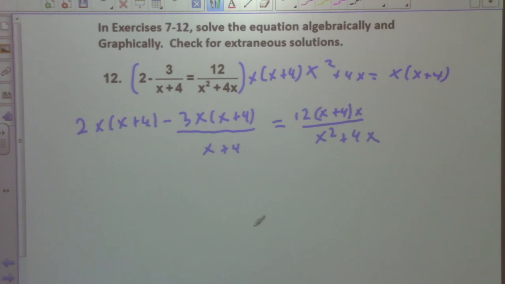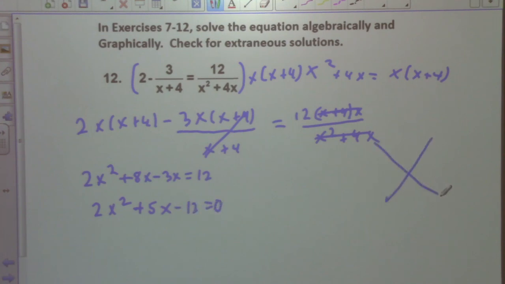Okay, you've got stuff that cancels out here pretty well. These will cancel out, right? And these will too, right? I got 2x squared plus 8x minus 3x equals 12. I moved the 12 over and combined those terms. So you got 2x squared plus 5x minus 12 equals 0. I did the x method.